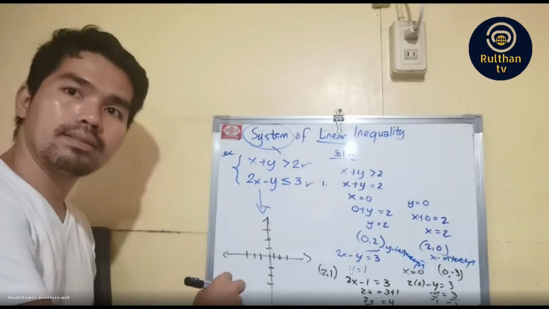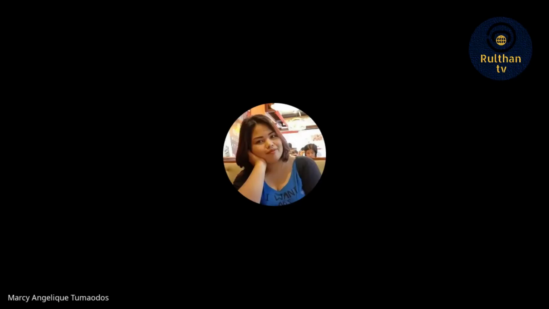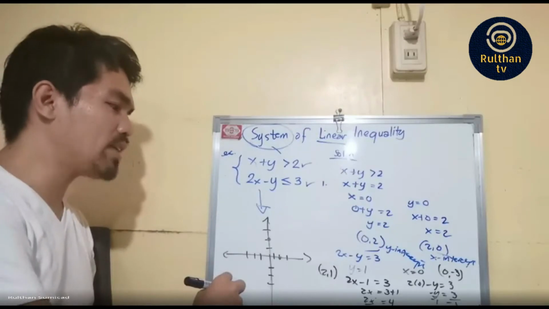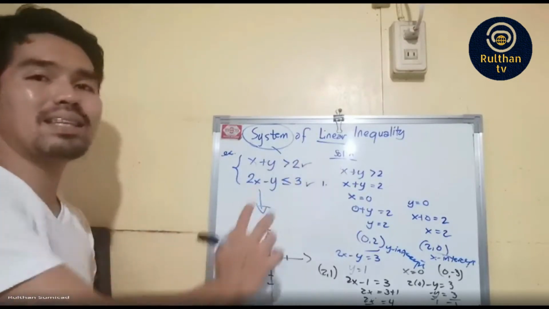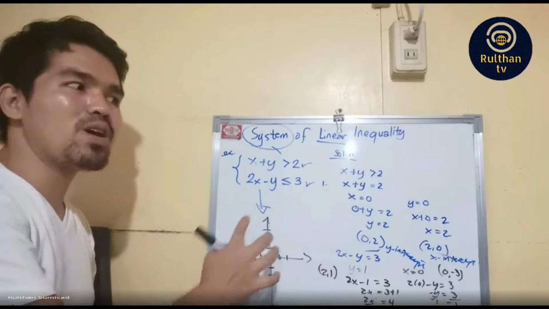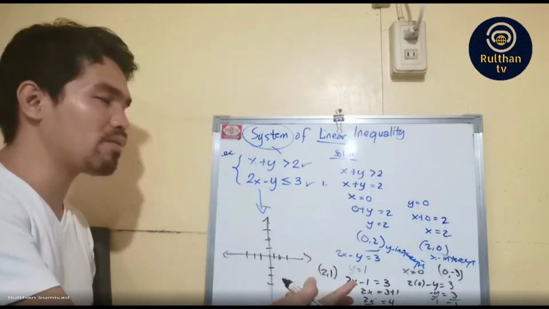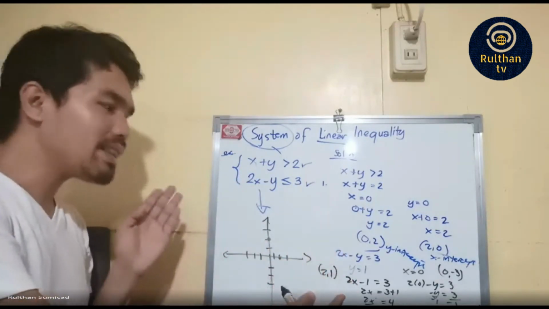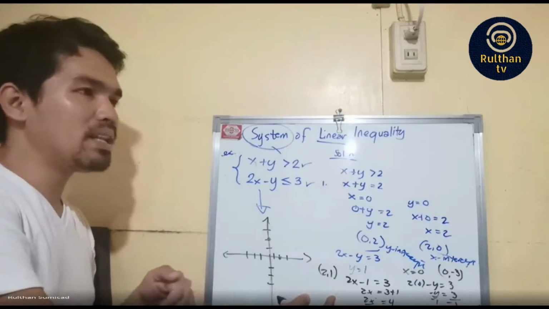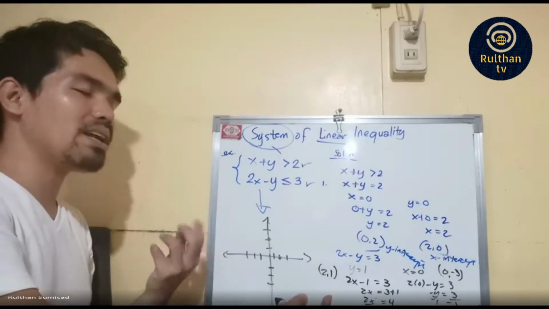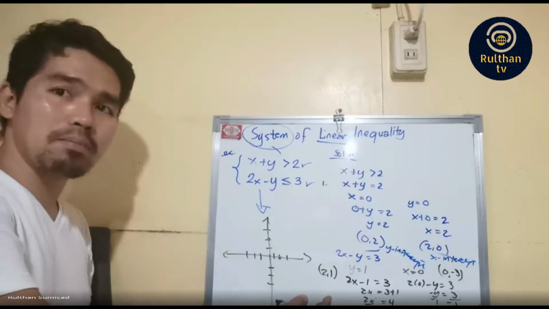Broken, sir. Okay, I'm going to use a broken line or dash line because my inequality is not strict. By the way, we call it strict inequality and not-strict inequality. Strict in the sense that it includes the line. But if you say not strict inequality symbol, it implies that the line itself is not part of the solution.